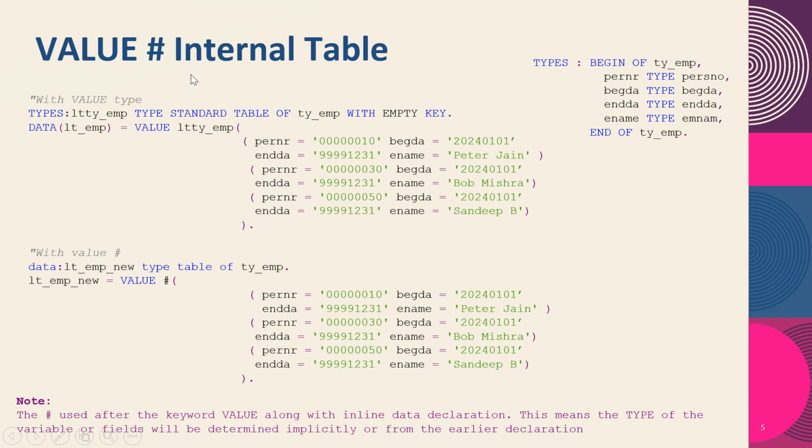In this case, the internal table was declared with an inline declaration, so the type was explicit. But in this case, the internal table has already been declared, so the type is implicitly identified because of the earlier declaration. So the hash symbol can be used. This is how you can use the VALUE constructor to assign values to an internal table.